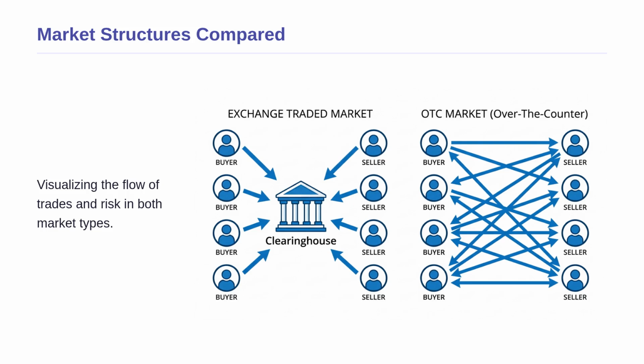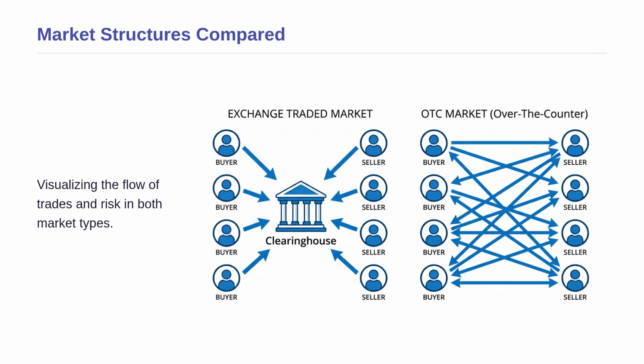Before we move on to the mathematics, let us see the structural difference visually. On the left, you are looking at an exchange-traded market. Notice how all buyers and sellers route their trades through the central clearinghouse building in the middle. This central hub guarantees safety. On the right, you see the over-the-counter market.